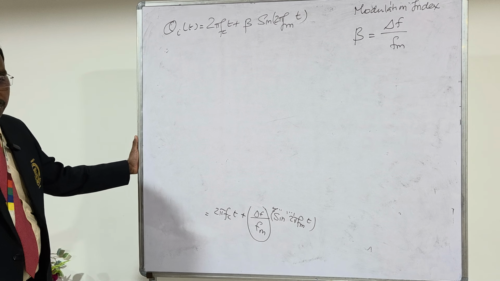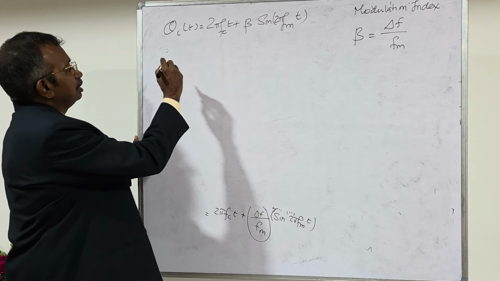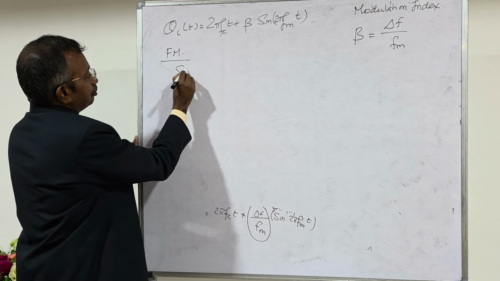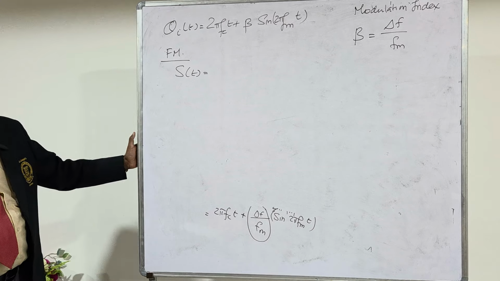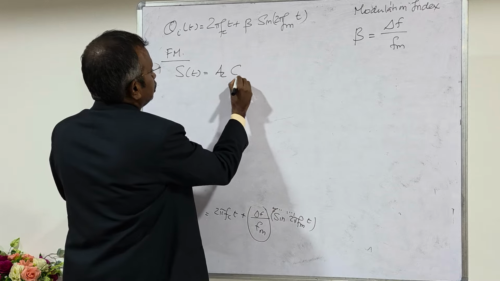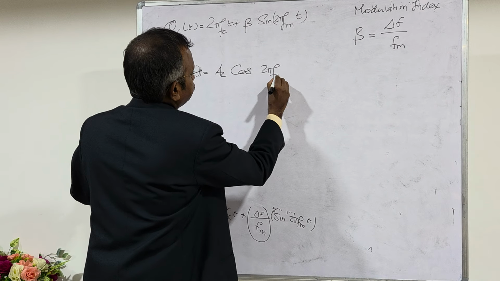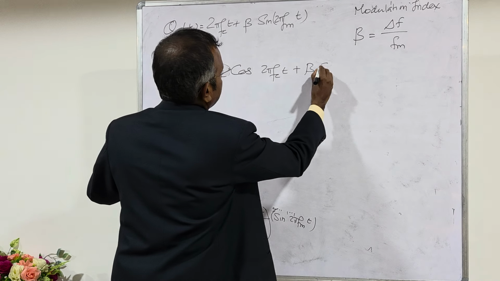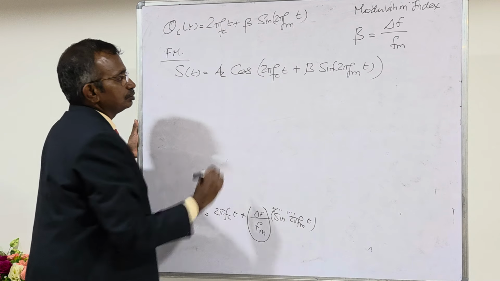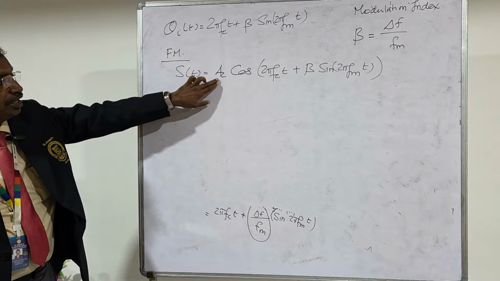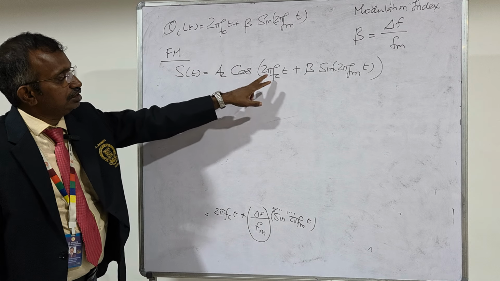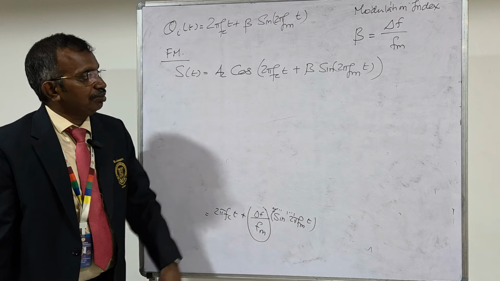Then the FM signal is given by s of t is equal to Ac cos theta i of t, where theta i of t is replaced by 2 pi fc into t plus beta sin 2 pi fm into t. So that is the equation for the FM signal.